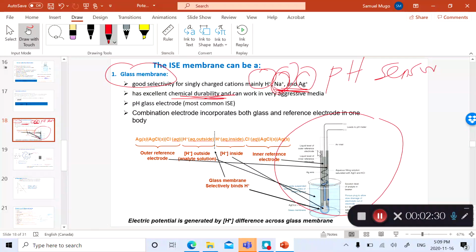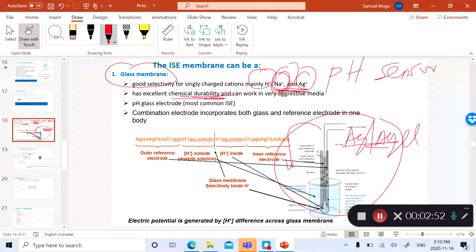But it also has a reference electrode. The reference electrode in this case, a silver chloride reference electrode, is the most common. If you take a pH electrode, you're going to see the silver reference electrode as well as the indicator electrode.